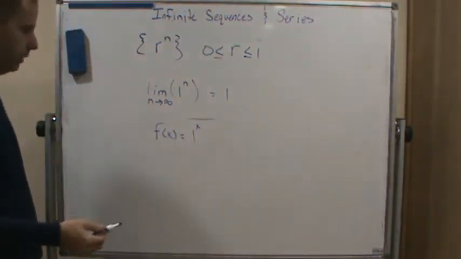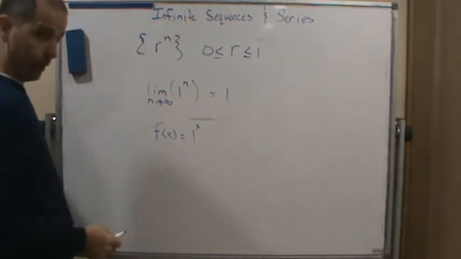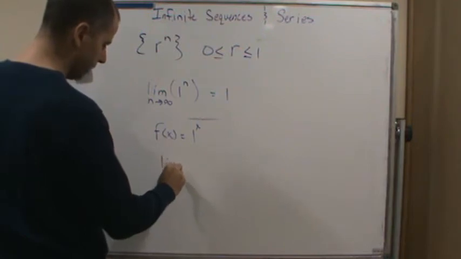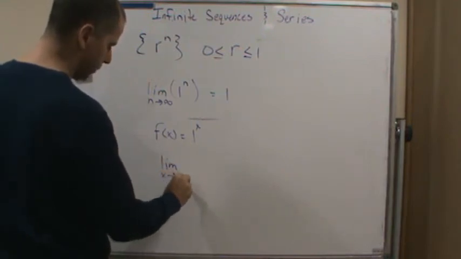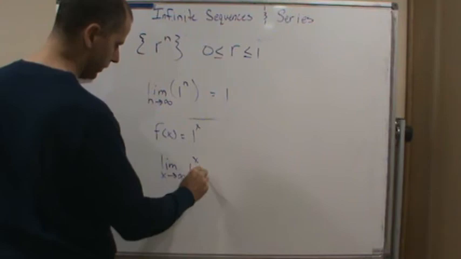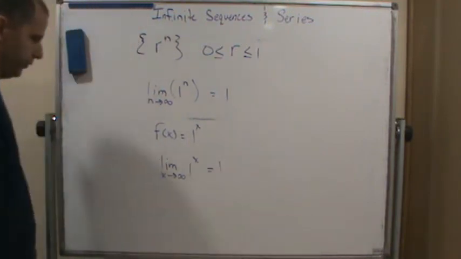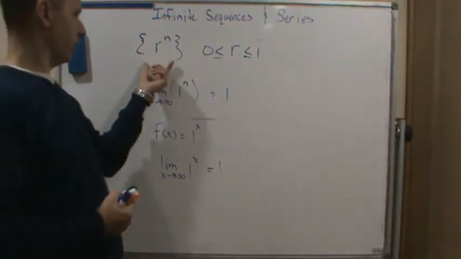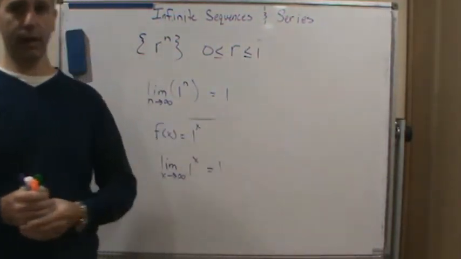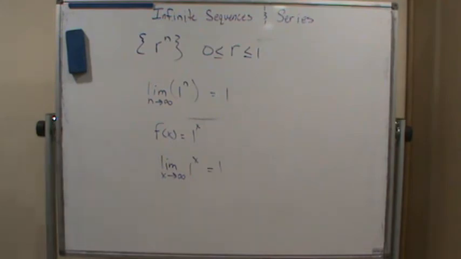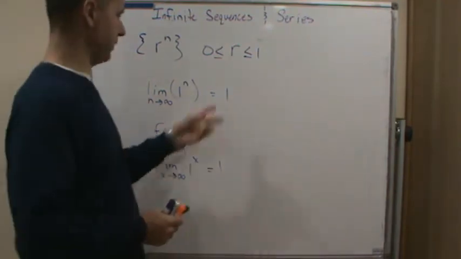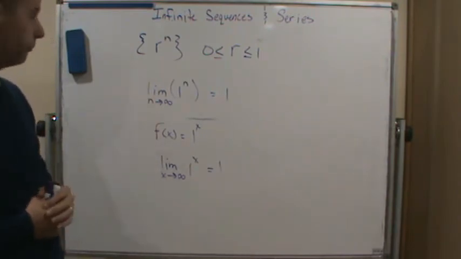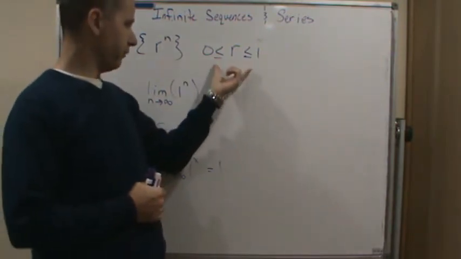Any power of 1 is just 1, so the limit as x approaches infinity of 1 to the x equals 1. So we get the same result for 1, and this sequence converges on this interval. And obviously 0 to a power is still 0, so similarly we still have convergence.